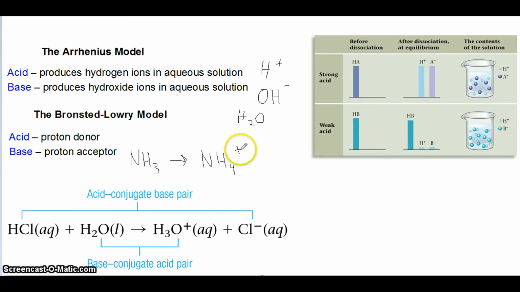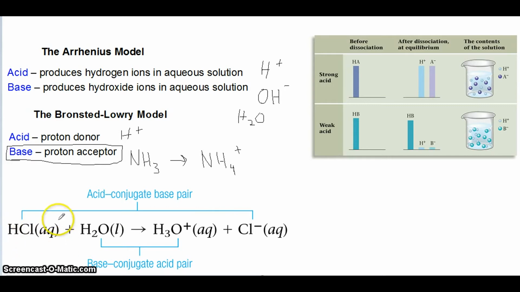So by the Bronsted-Lowry definition, he's actually a base as well. An acid is the same as donating protons, but a base in the Bronsted-Lowry model is anything that accepts protons. Okay. Now, the next thing I want to talk about is conjugate acid-base pairs.